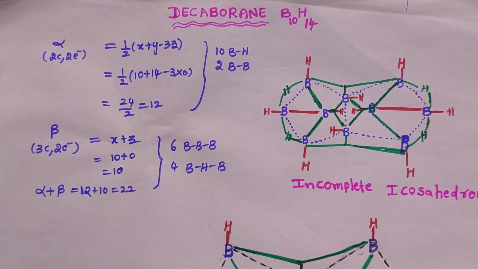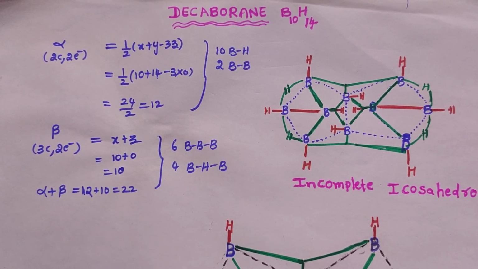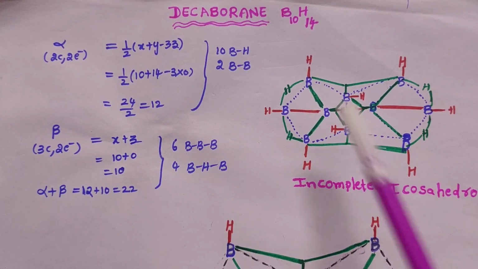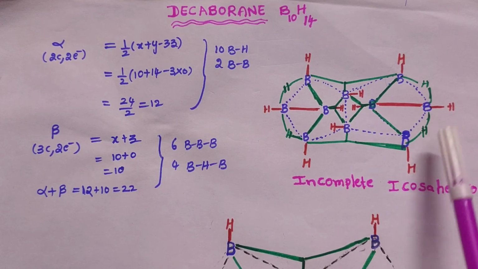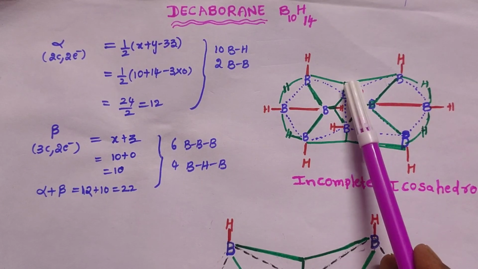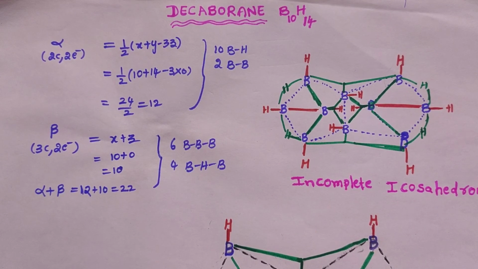And 10 BH bonds are there: first BH bond, second BH, third, fourth, fifth, sixth, seventh, eighth, ninth, 10th BH.